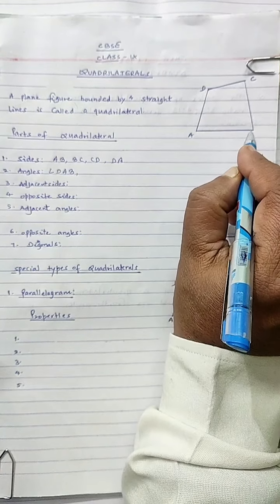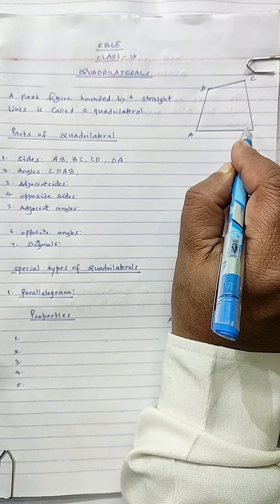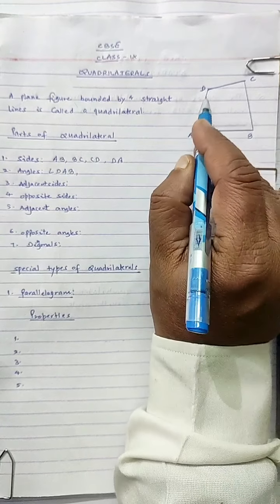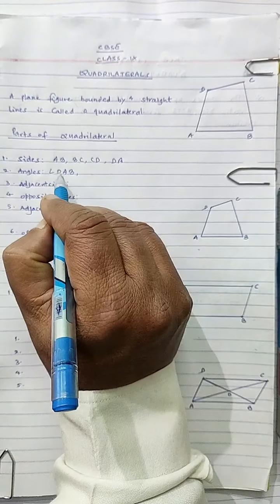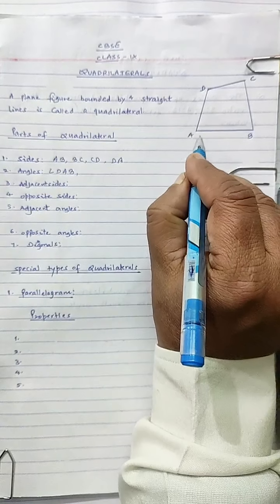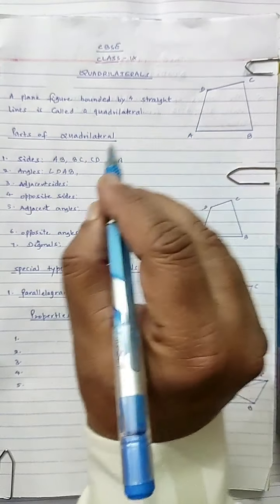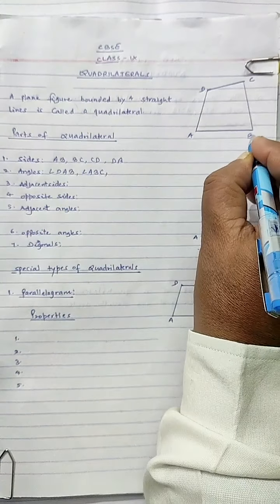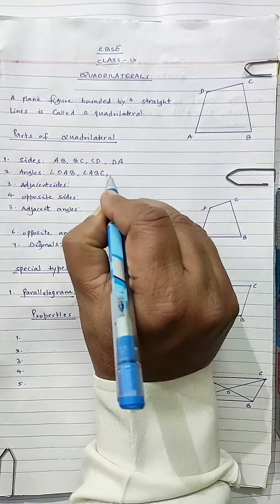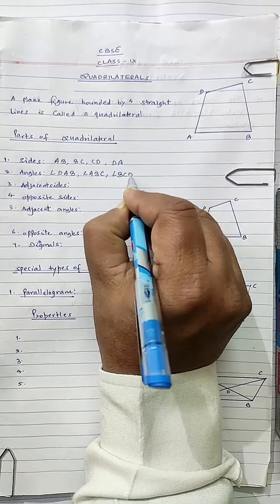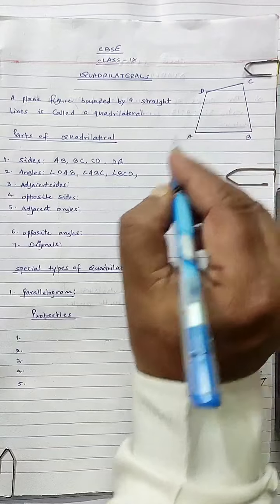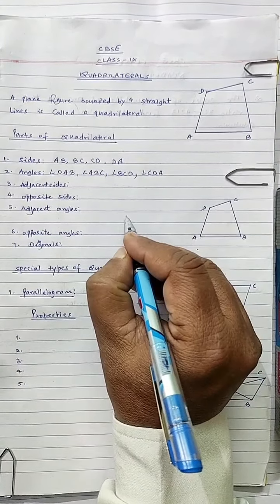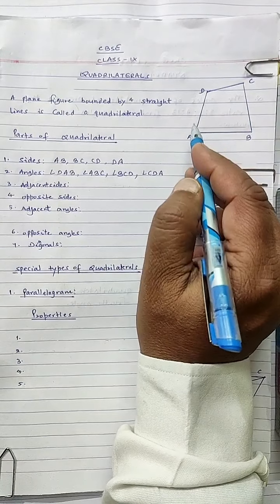You know, the point at which the angle is formed stays in the middle when writing it in triple letters. Like in angle DAB, A is in the middle. Then angle ABC, angle BCD, angle CDA. These are the four angles of this quadrilateral ABCD.